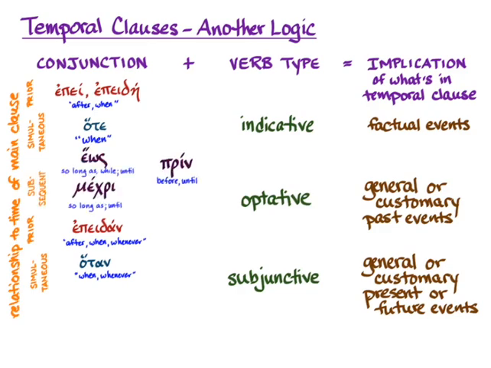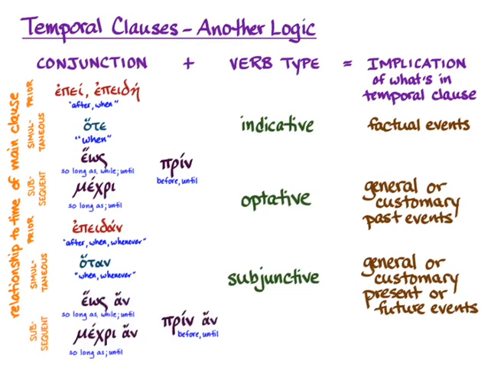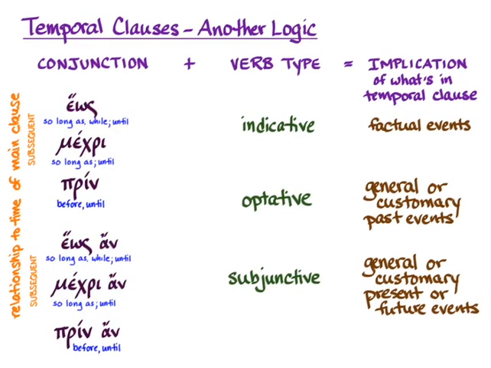And we could add subsequent clauses and subsequent conjunctions to this chart if we wanted to, and complete it with these new ideas. If I try to do lines here and everything, it's going to be quite the spider's web. So let's take out the things that we've already learned and start to think about what happens with each of these conjunctions and the different sorts of verbs that they can appear with.